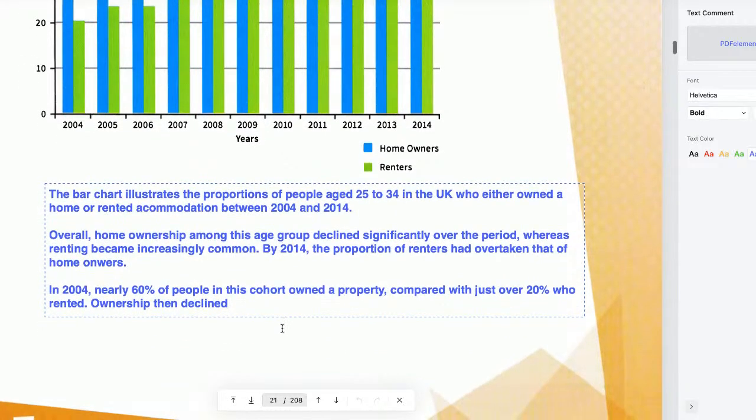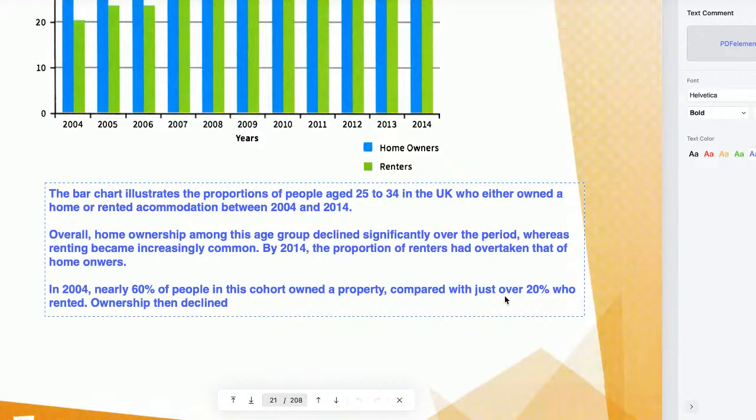Ownership then declined, kind of gradually.